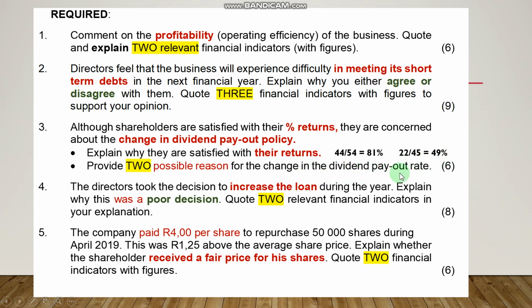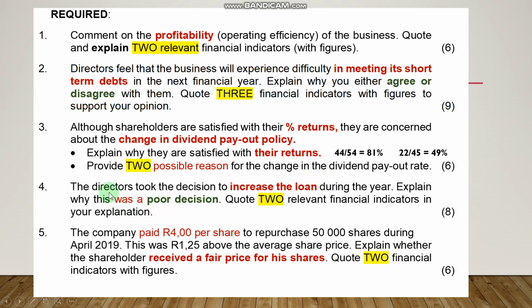Maybe they want to grow the company, maybe they need to assess and try and look at improving profitability. So there'll be various reasons that you will come up with. Remember, in an exam paper, the reasons that you put there are the possible reasons that you have come up with in your mind, and they are not exactly given in the question paper for you to extract those answers.